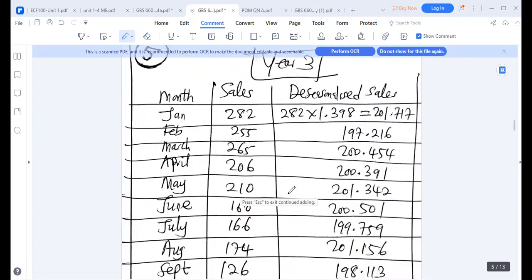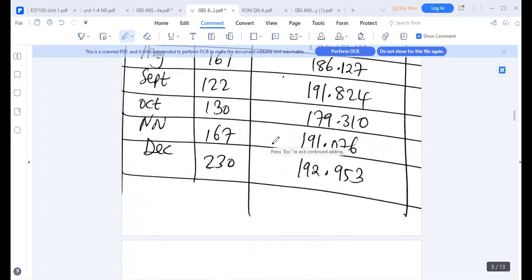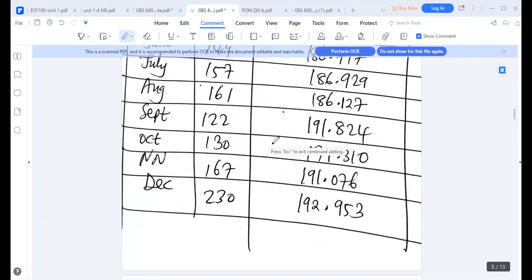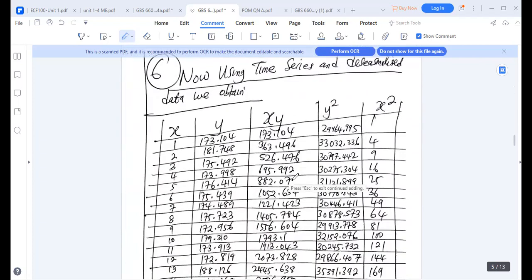Year 3 is done similarly, using the same concept of data deseasonalization. After computing these figures, we use this table to find the regression line. We get X values from 1 to 36 because there were 36 months, since each year has 12 months.